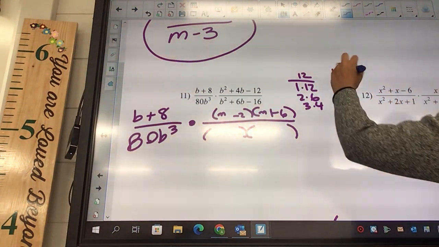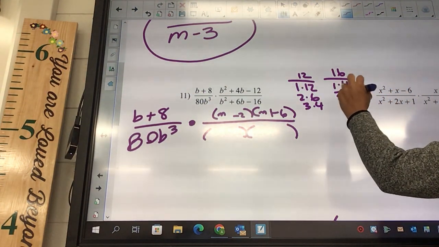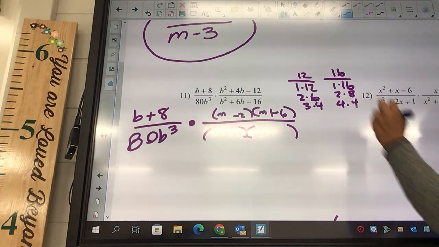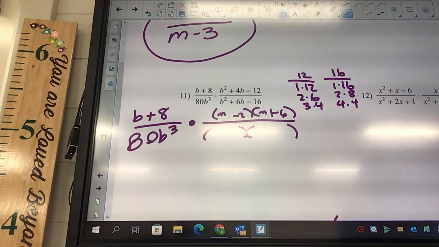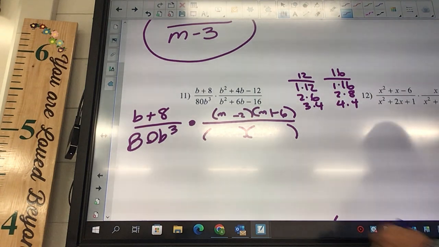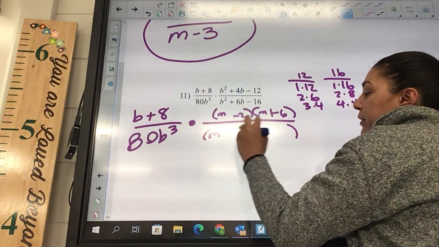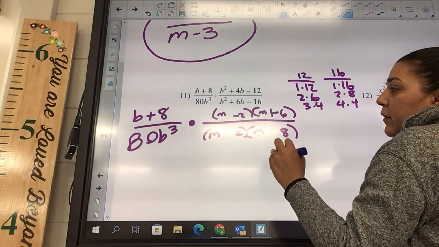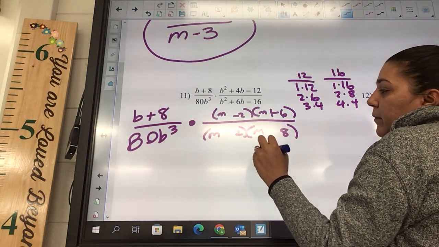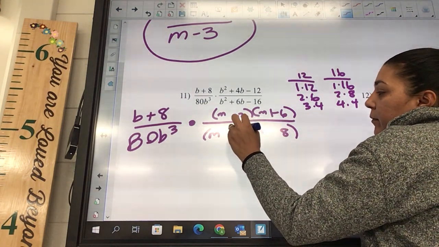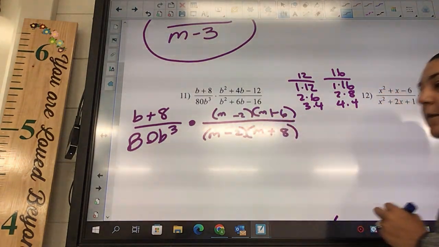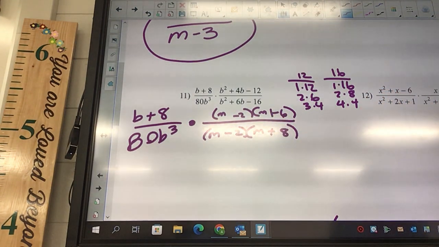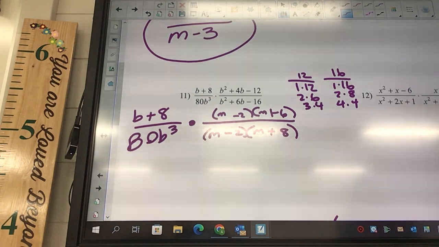So we got 16, 1 and 16, 2 and 8, 4 and 4. I need something to give me a 6. 2 and 8 again. I need a positive 6. Minus plus. Okay. And then our next step is to ask, well, what can we cross out?